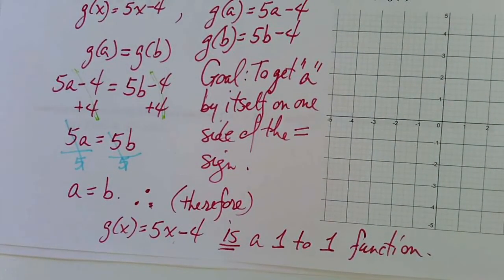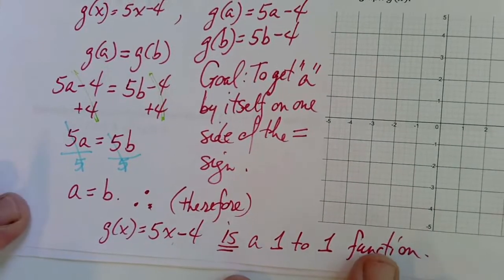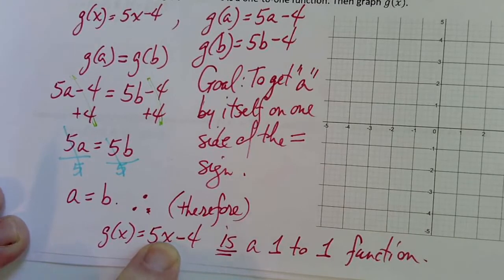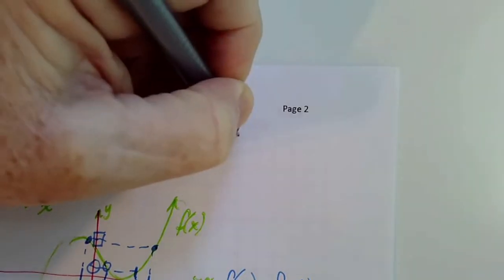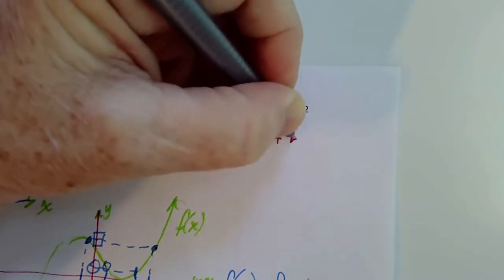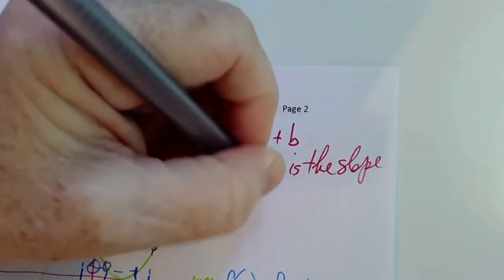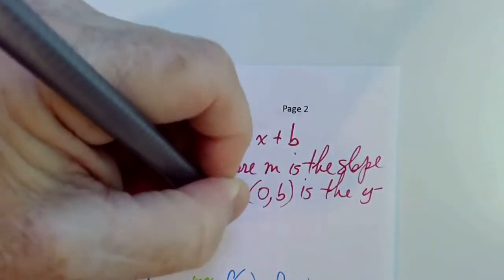To graph g, I'm going to recall that lines in the form of functions are written as mx plus b. Any line is m times x plus b, where m is the slope of the line, and 0 comma b is the y-intercept.